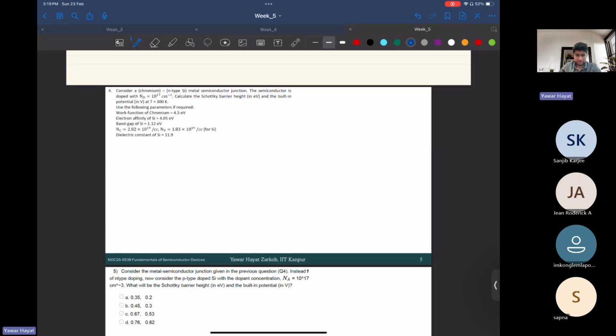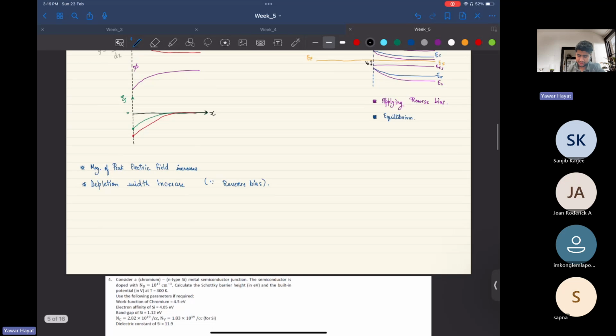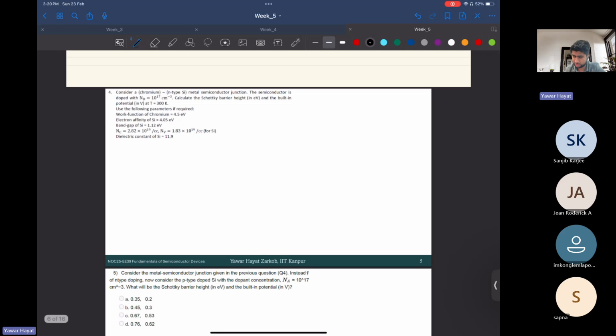Your next question is a chromium n-type silicon metal-semiconductor junction, and in this, your semiconductor is doped with Nd equal to 10^17 per cm^3. You need to calculate the Schottky barrier height and the built-in potential at T equal to 300 Kelvin. Let's first make the equilibrium band diagram for this case. This is a metal n-semiconductor junction, so the band diagram at equilibrium would look something like this.